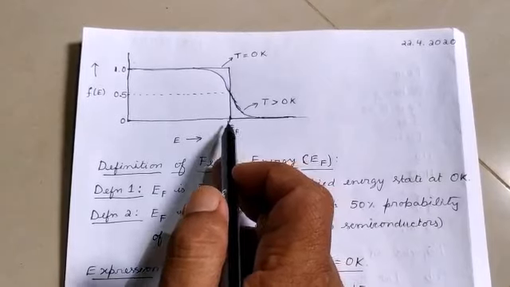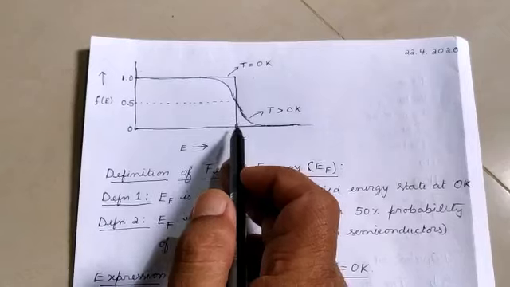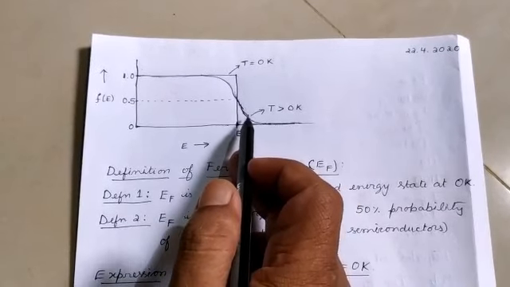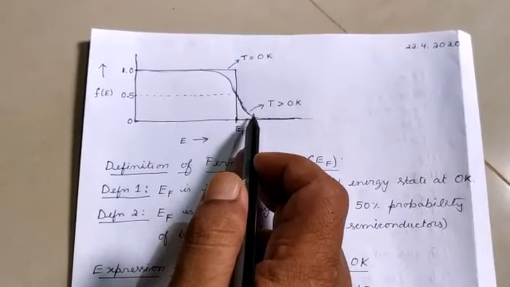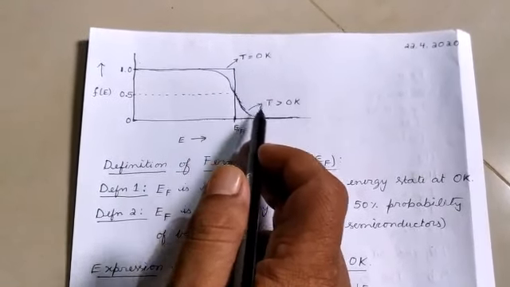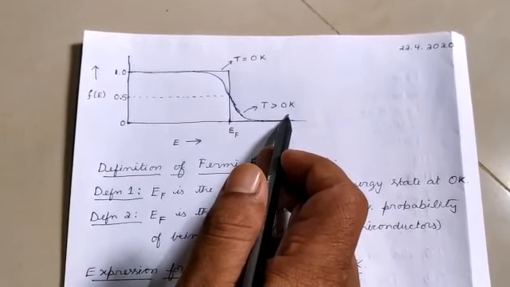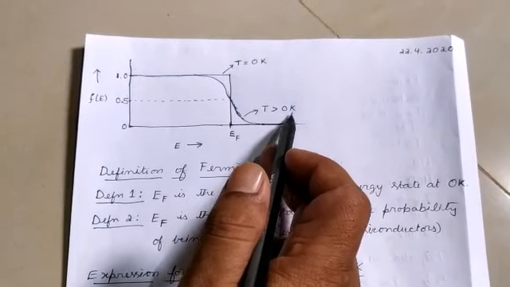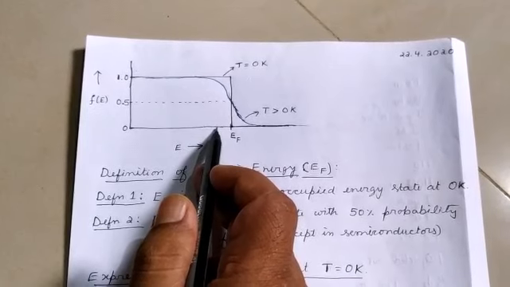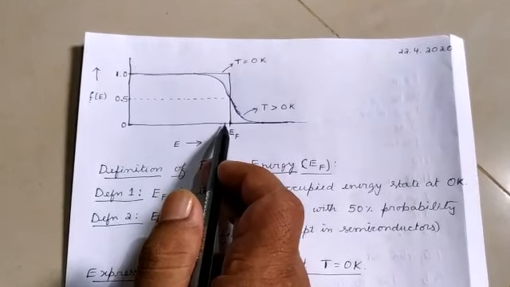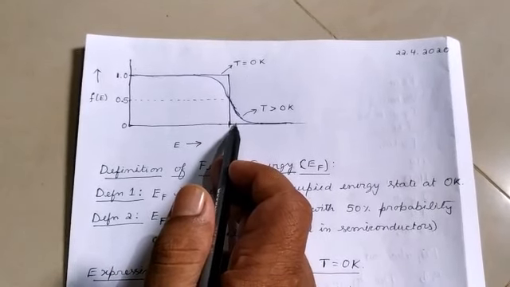And above the Fermi level it is 0 for higher energy levels, but as we come closer to the Fermi level, the probability value gradually increases from 0 to 0.5. This is the change we get in the probability distribution curve when the temperature is raised above 0 Kelvin. The meaning of this is that when the temperature is increased, the electrons closer to the Fermi level absorb energy and go over from energy levels below the Fermi level to energy levels above the Fermi level.